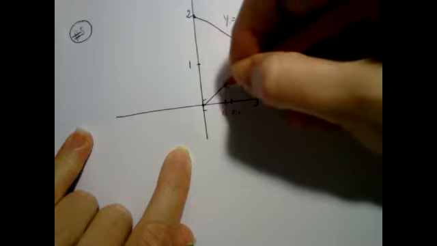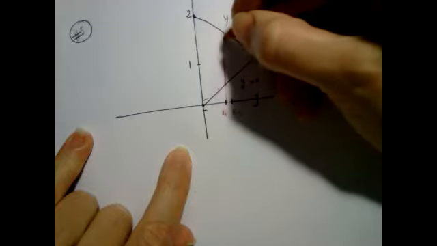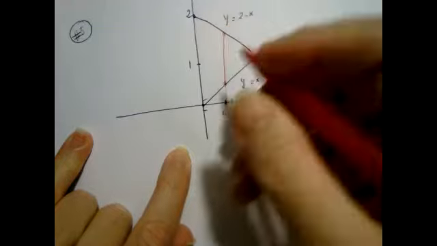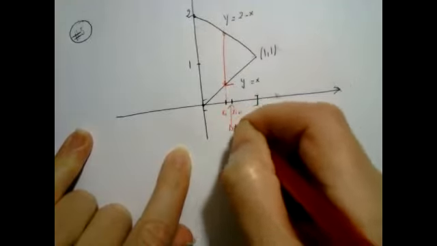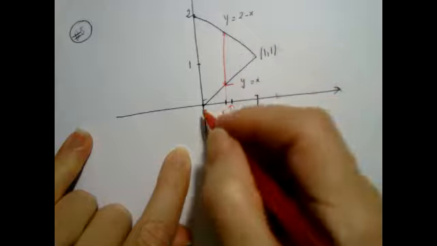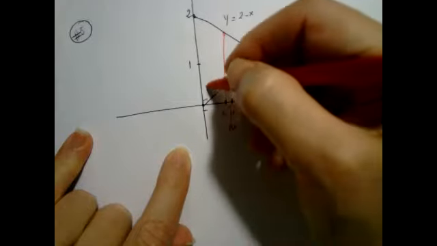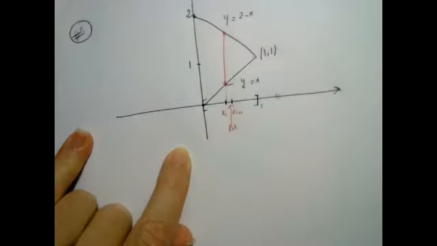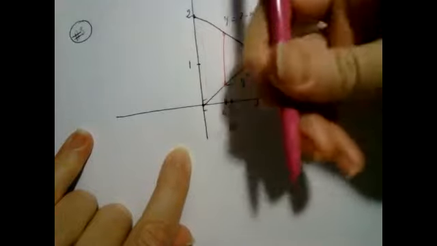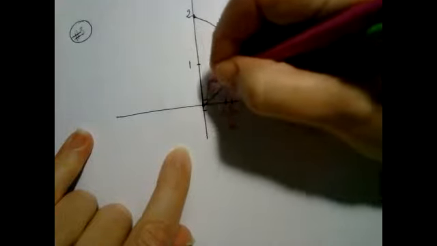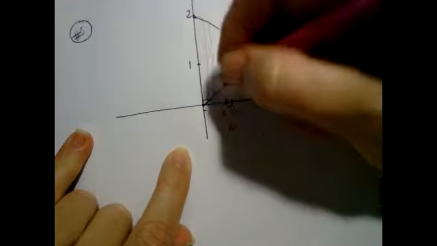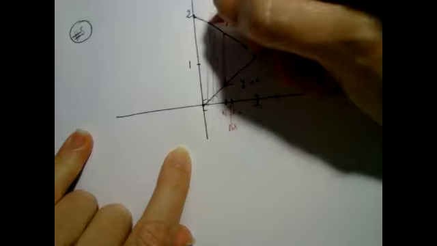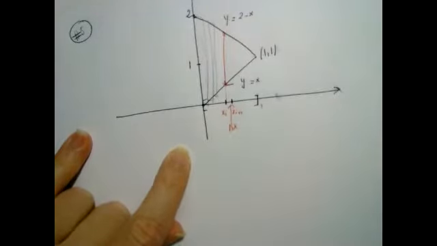The height is from the bottom to the top, and the width is the delta x. So in my mind, I'm dividing the interval and covering it with rectangles. That's really the logic behind it.